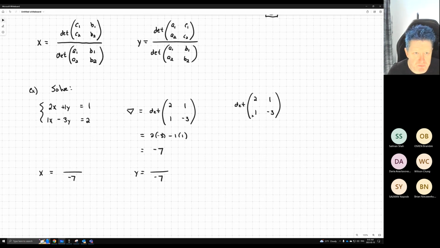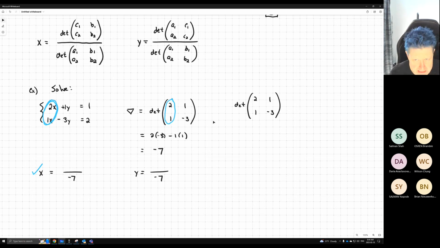So what I'm going to do is, first of all, decide which variable I am looking for. And I'm going to look for x first. So I'm going to identify the column of x's in my system, which is the 2 and the 1.